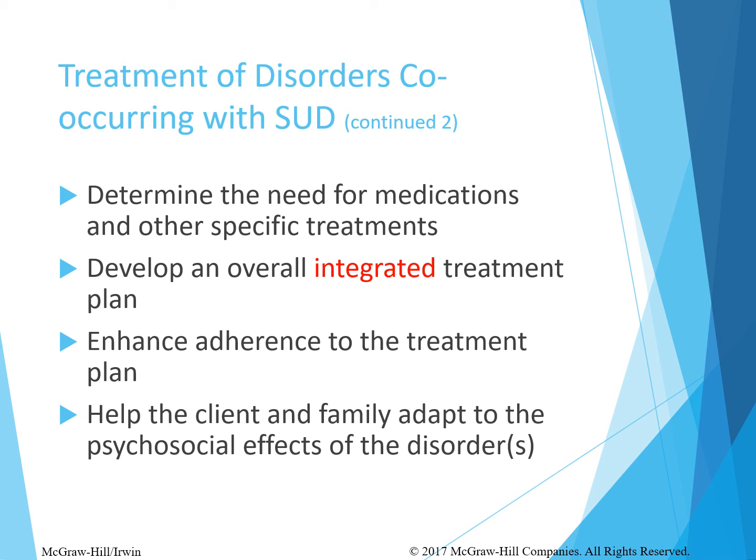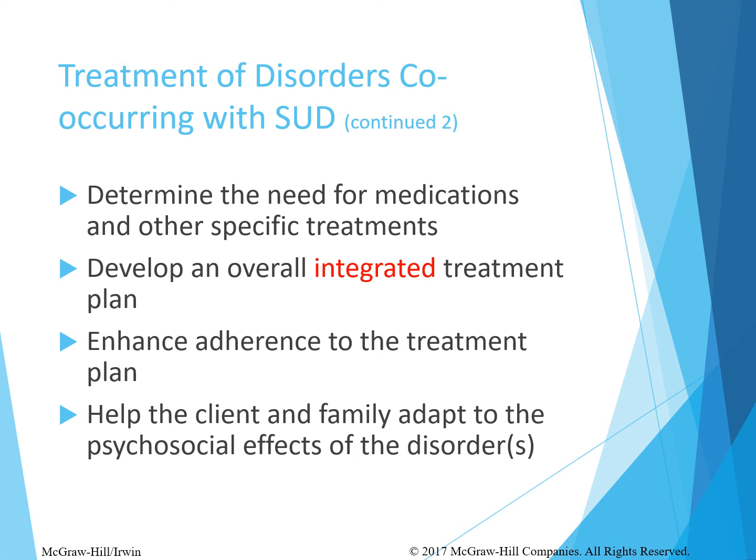And we needed to have agreement on a common treatment plan. But sometimes there's not enough coordination in concurrent treatment. And sometimes the mental health therapist didn't even know if the client was going to the SUD group counseling or what was happening in the SUD counseling, and even if the client was testing positive or negative.